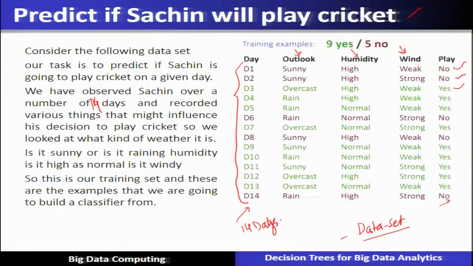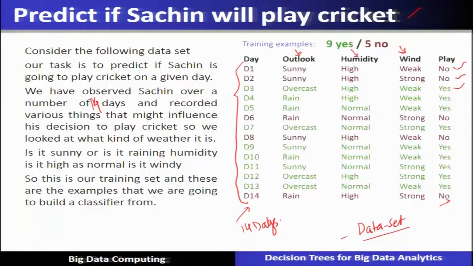What conditions are necessary to predict whether Sachin will play or not? Even for this small data set, this becomes quite complex. So let us see how we are going to simplify it using a decision tree.